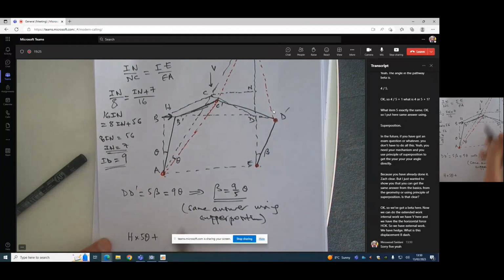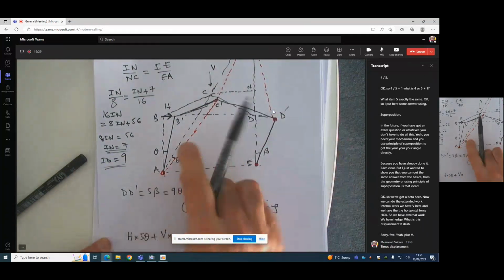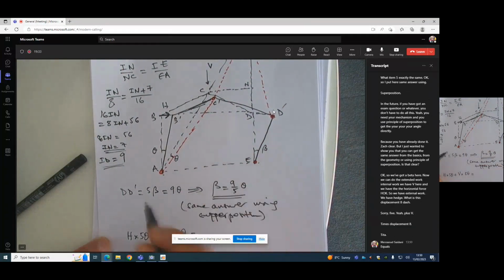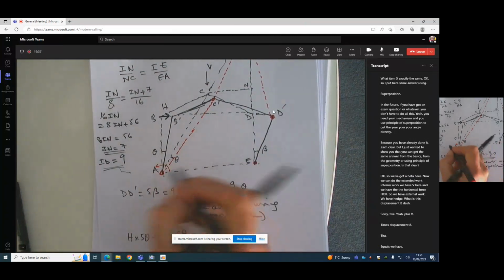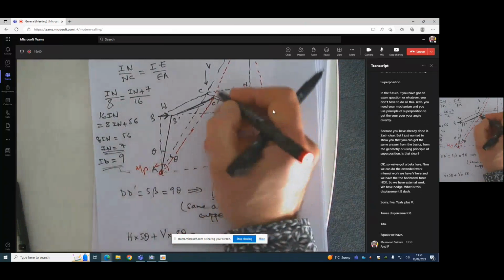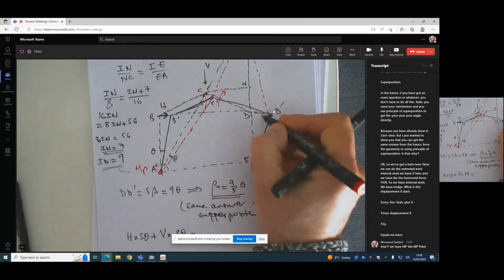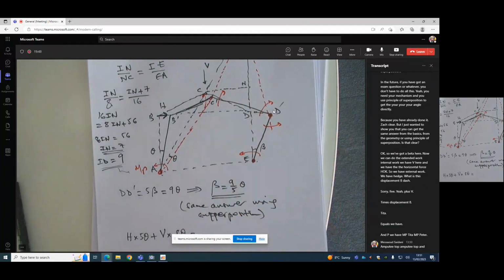Plus V times displacement 8 theta equals, we have MP theta, MP theta, MP theta, MP theta, and MP theta.